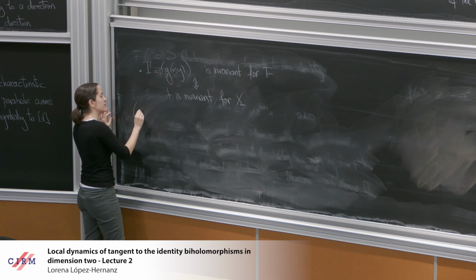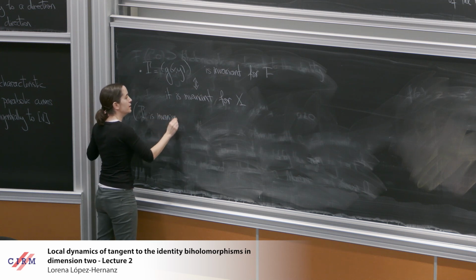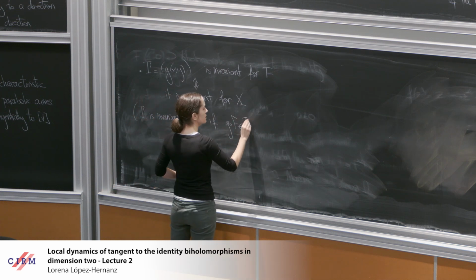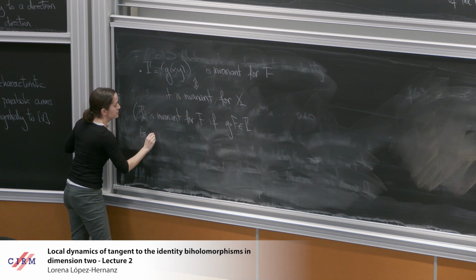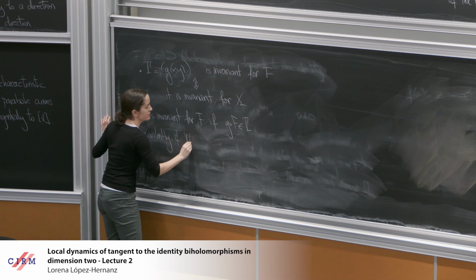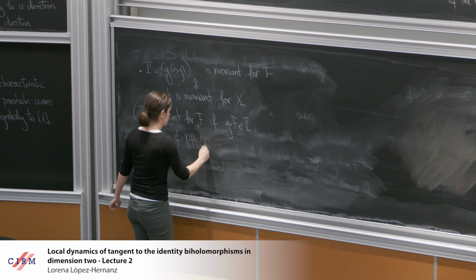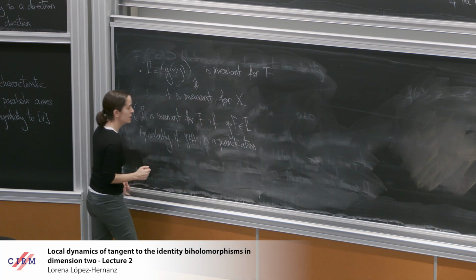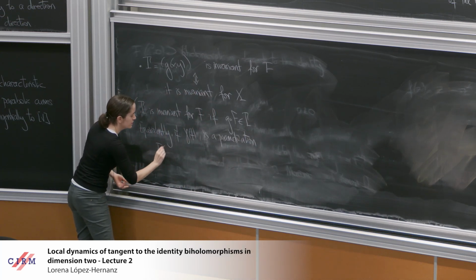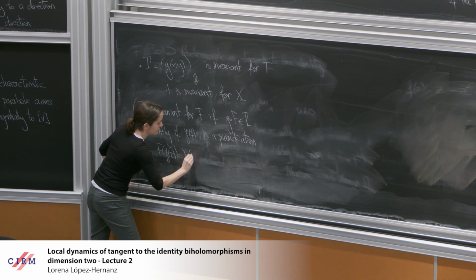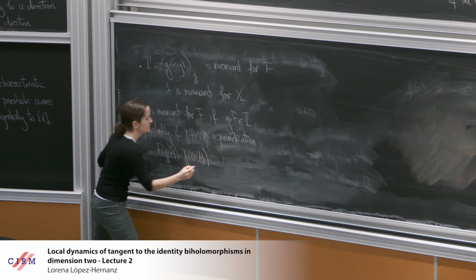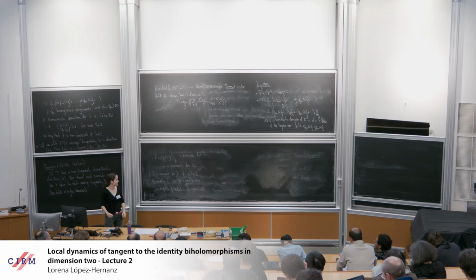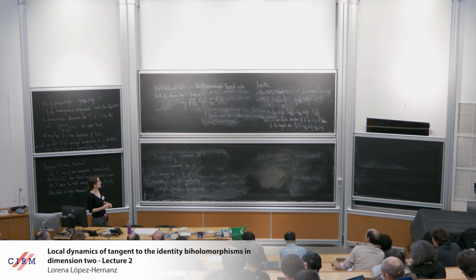So we say that gamma is invariant for f if we have that f(gamma) is in gamma, or if we have a parametrization gamma(t), then f(gamma(t)) equals gamma of a reparametrization of t, which is analytic in the analytic case, or only formal if we are considering a formal invariant curve.